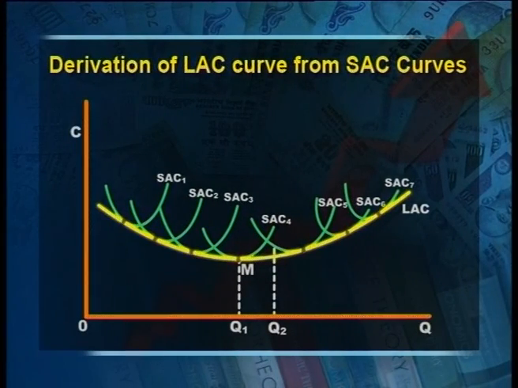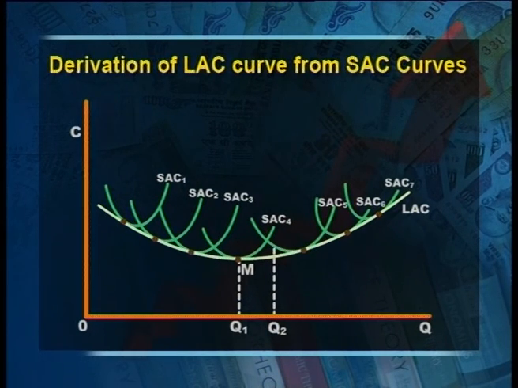Thus, the long run average cost curve is a continuous curve and represents the points of tangency of different short run average cost curves. Suppose the output level is less than Q1, the point of tangency between the long run average cost curve and the short run average cost curve is to the left of their minimum points.